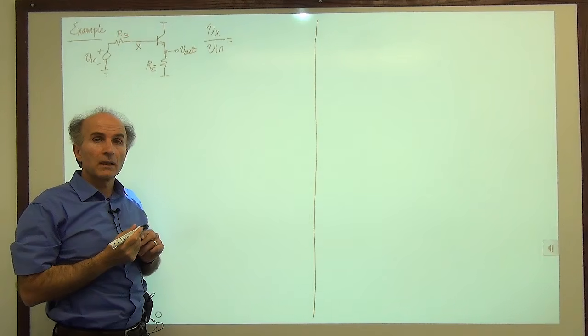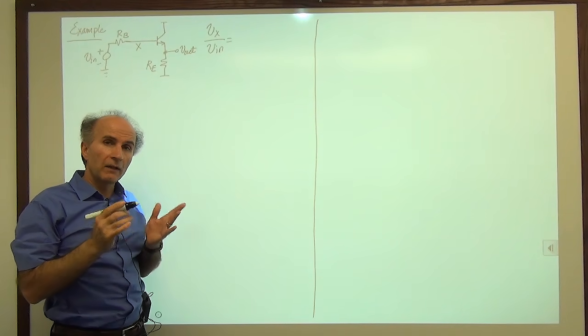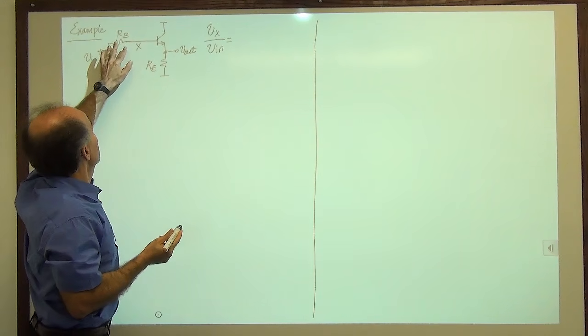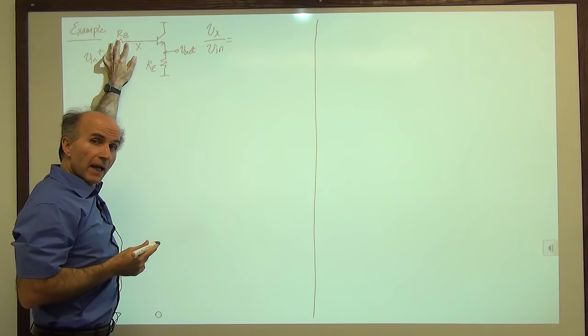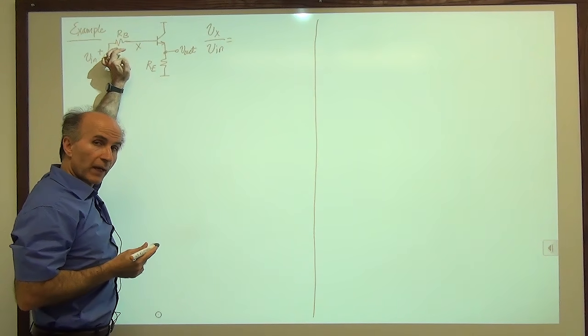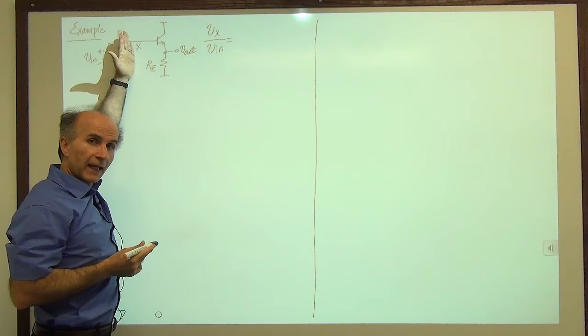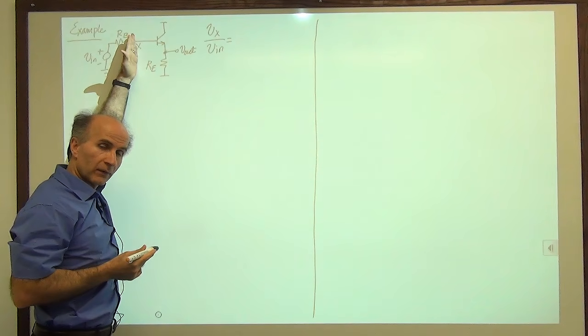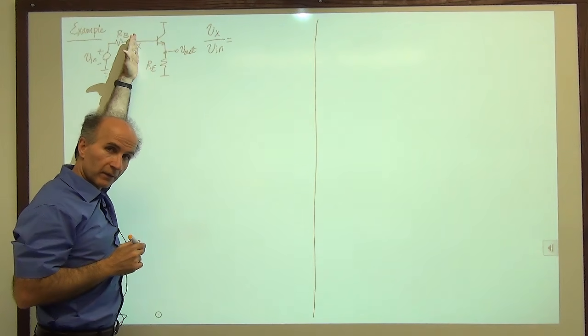Well, we can sort of see a voltage divider, right? A resistive divider. We have a divider consisting of this resistance and then some resistance from X to ground. If I can replace this entire circuit with one resistance to ground, then I have a simple voltage divider.